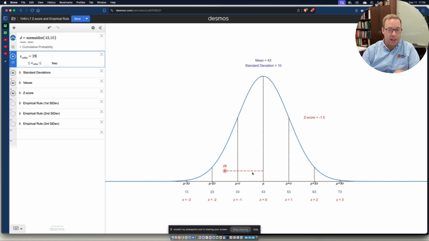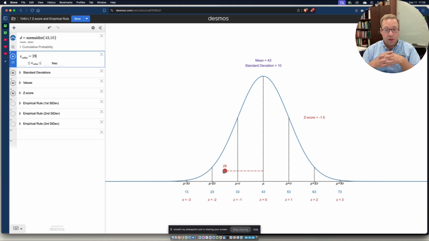The difference between 28 and 43 is $15, but it's going to be negative because 28 minus 43 is negative 15. And what's negative 15 divided by 10? It would be negative 1.5. So in this case, I am still 1.5 standard deviations away from the mean, but because the z-score is negative, I'm going to be on the left side of the mean.